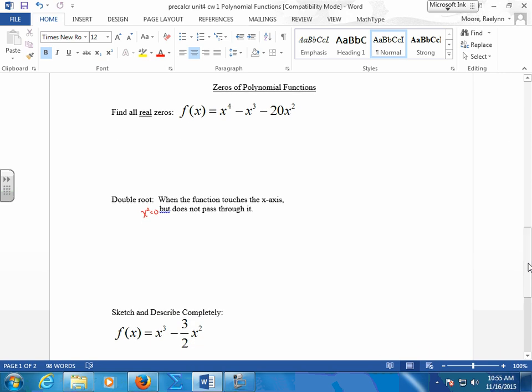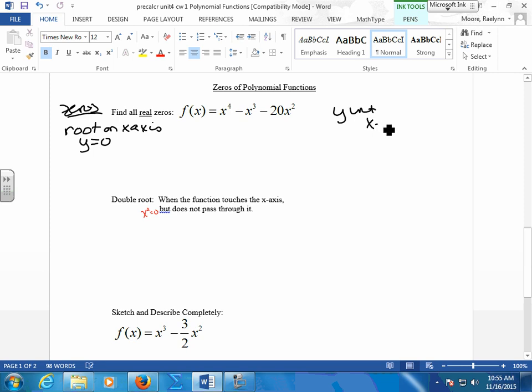Now, we also like to find all the zeros of your function. The roots are on the x-axis. Therefore, we're going to set y equal to 0. And we always find your y-intercept, don't we? We always find your y-intercept by setting x equal to 0.